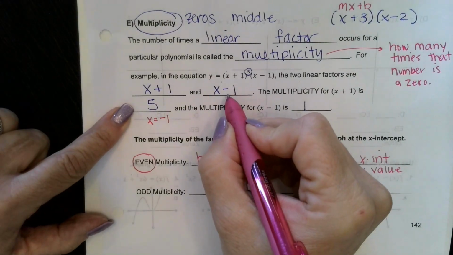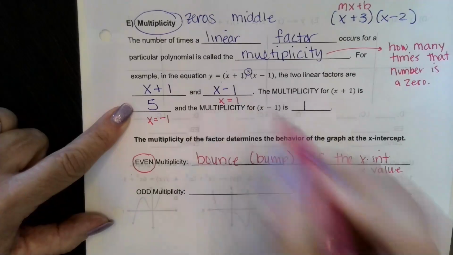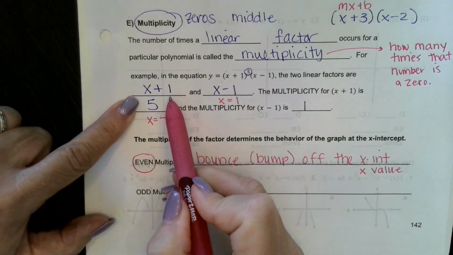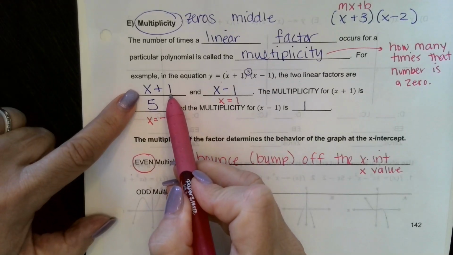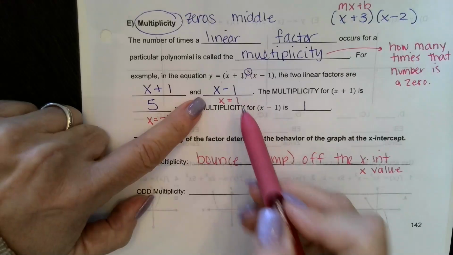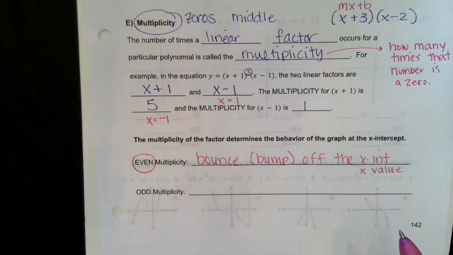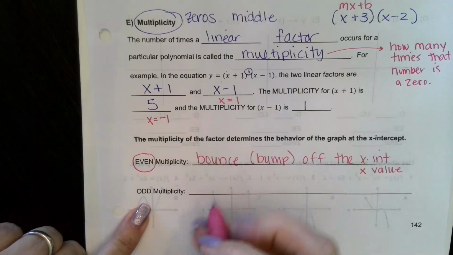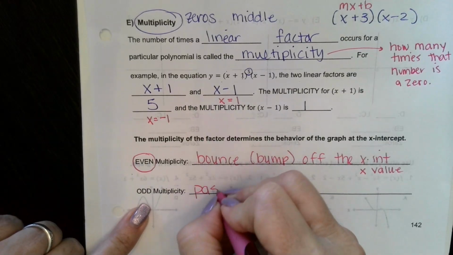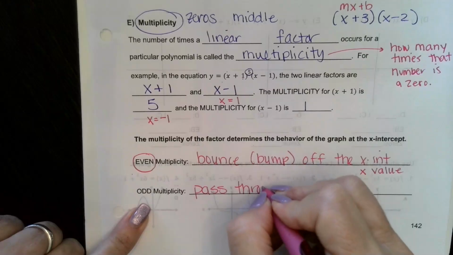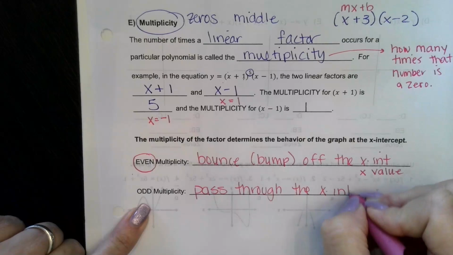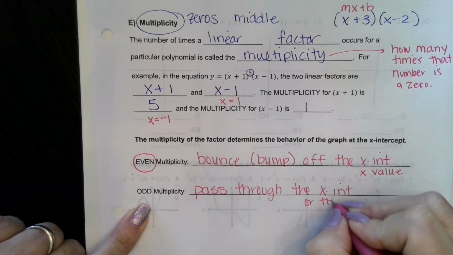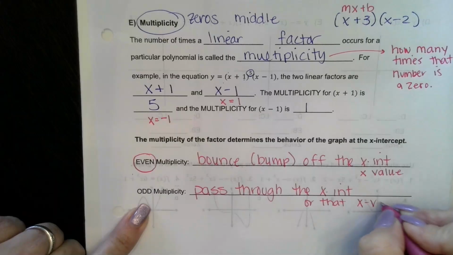On this one, my x equals +1. So remember, we're still going to set this equal to zero and solve it. So this would be x equals -1, and this would be x equals +1. If I have an odd multiplicity, I'm going to pass through the x-intercept, or that x value.